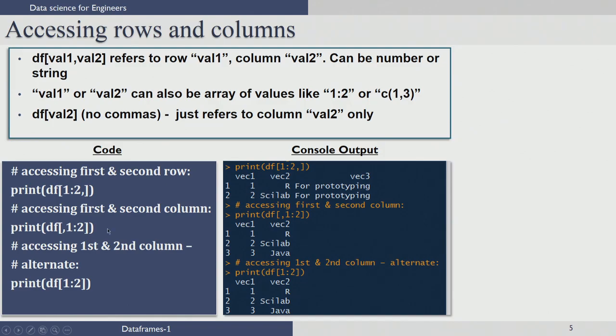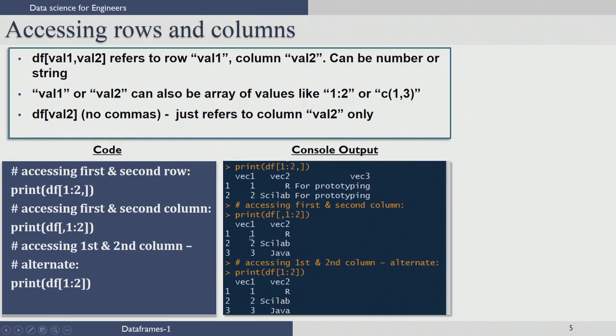If you want to access the first 2 columns instead of rows, you need to leave a space first and then a comma, and specify the list of columns you need to access, that is 1 to 2, as shown here in this command, and you can see the result on the console output.